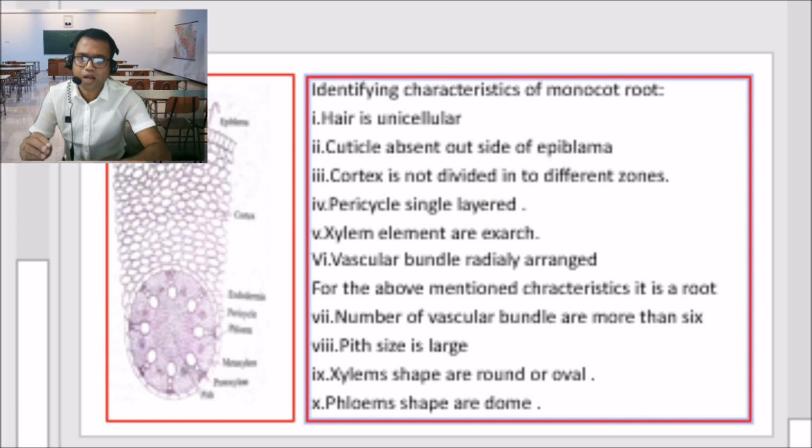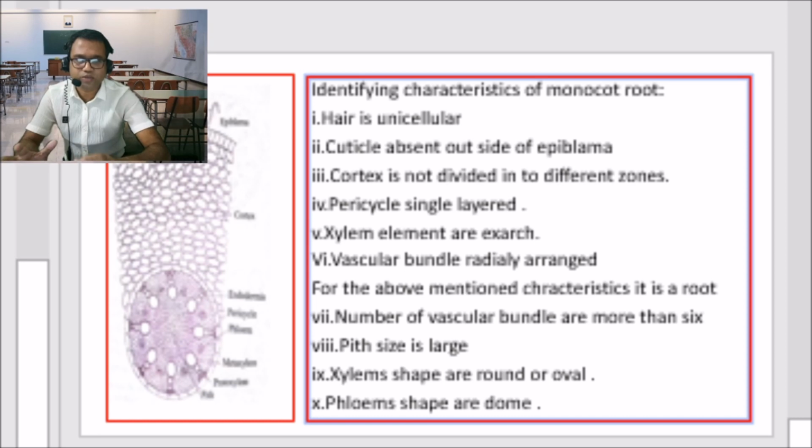Next, outside of this epiblema, which is also known as the epidermal layer in other portions, that means stem, there is no cuticle. Cuticle is a type of protective layer which is produced by cutin, suberin, lignin. So here cuticle is absent outside of the epiblema.